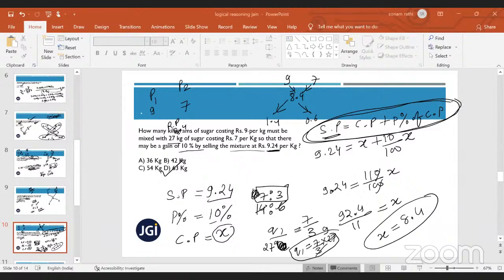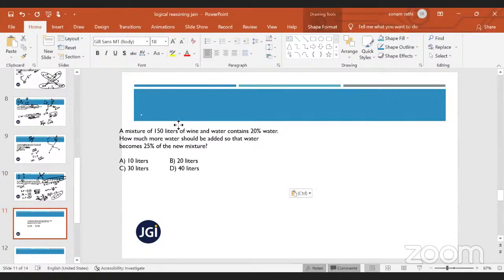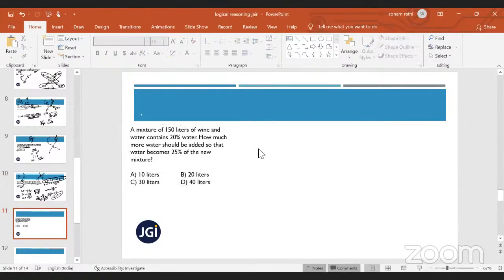Okay, this is a new type of question. First, you read the question and try to solve it. Then I will help you to solve it. What is our formula? Our formula is this: P1, P2, resultant price. We will diagonally subtract it.